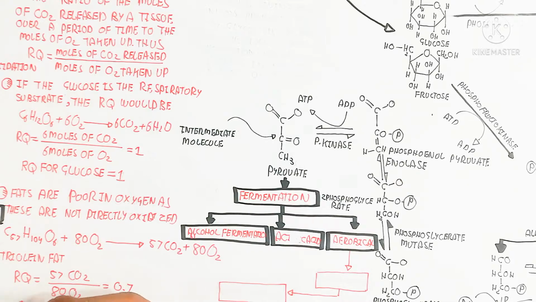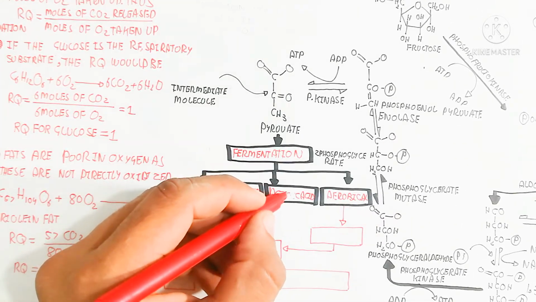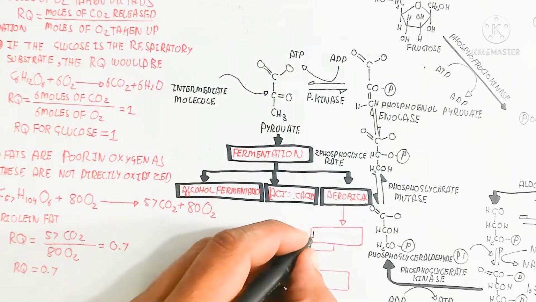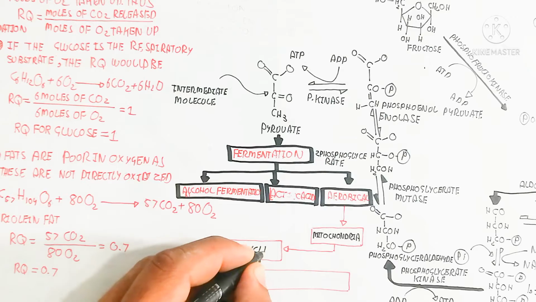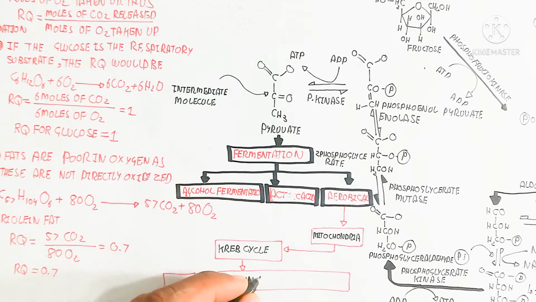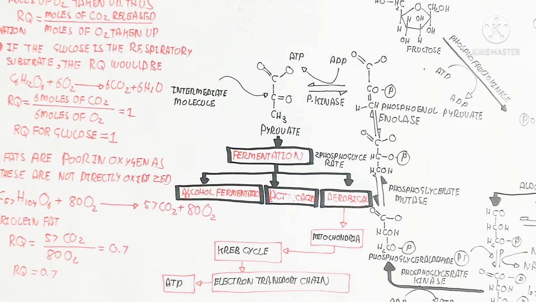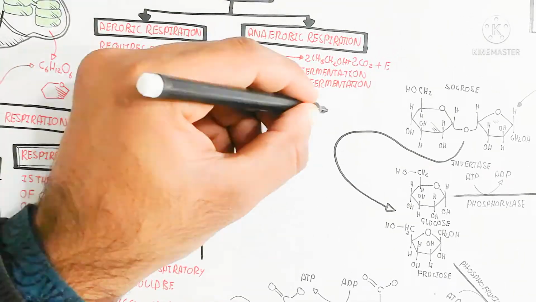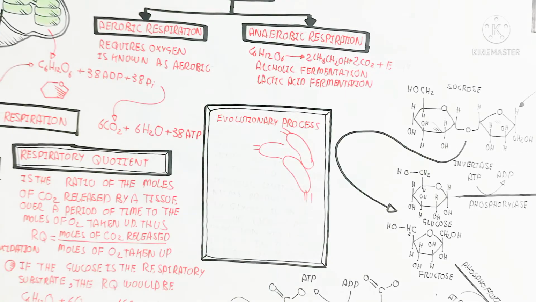But the important thing I want to share with you is the evolutionary process. This evolutionary process is the initial phase of respiration to produce ATP, while the prokaryotic bacteria lack mitochondria.